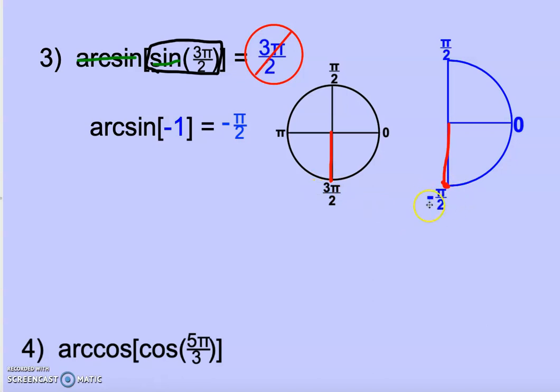It allows for -pi/2, but not 3/2 pi. Remember, inverse sine goes from 0 to pi/2 and from 0 down to -pi/2. It does not complete the unit circle all the way around to 3/2 pi, because that would be discontinuous. And we want our function to be continuous.